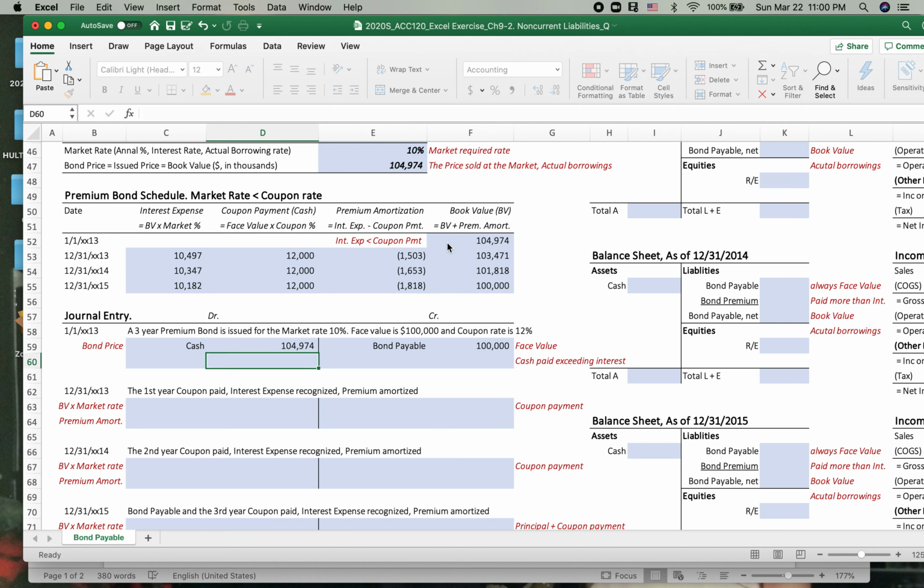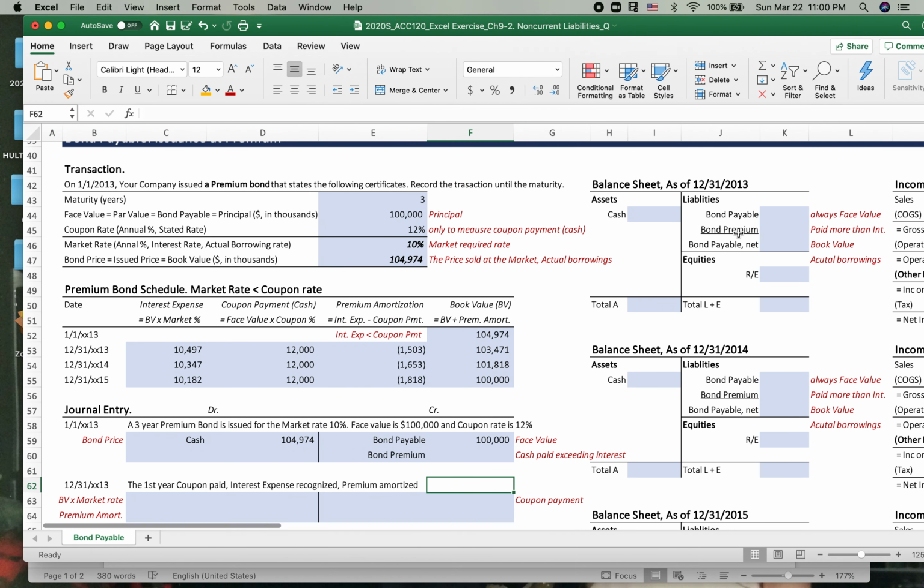That's right, 104,974. Then the bond premium. We now need the bond premium account to record the bond premium. It's not a contra account that reduces the bond payable. It is an accompanying account that increases the bond payable and arrives at the net bond payable.